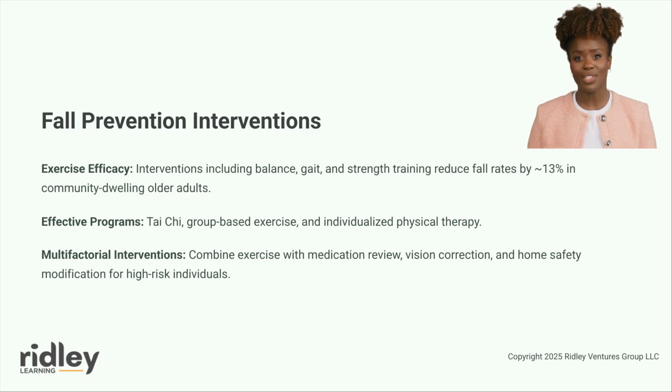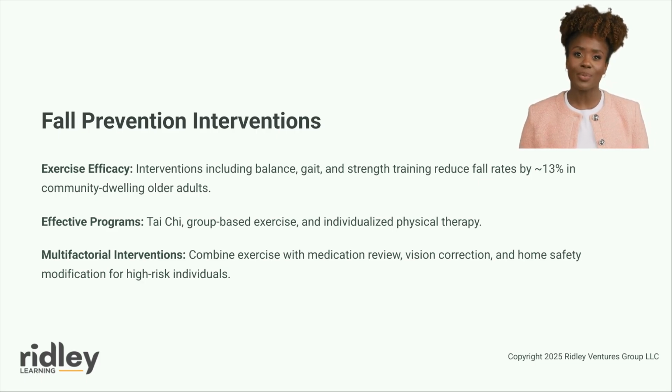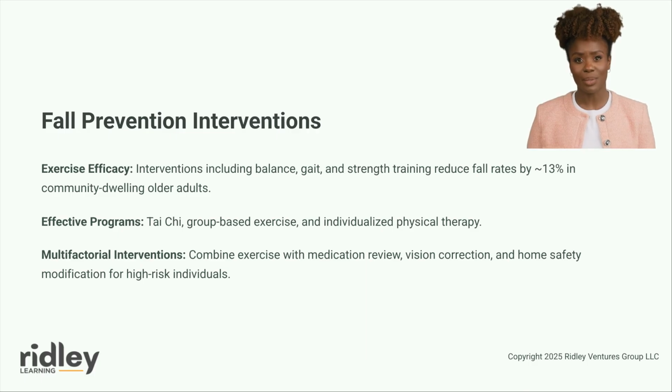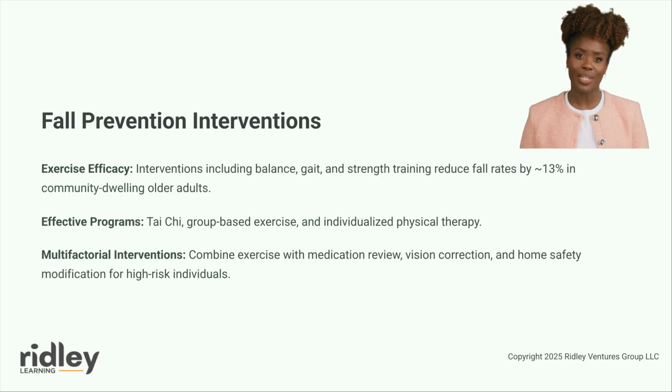Anticholinergic medications contribute to fall risk through cognitive effects and may be particularly problematic in older adults. Cardiovascular medications, including antihypertensives and diuretics, can cause orthostatic hypotension and syncope. Deprescribing of high-risk medications when clinically appropriate, dose reduction, and substitution with lower-risk alternatives represent important strategies that rehabilitation professionals can support through collaboration with prescribing providers.